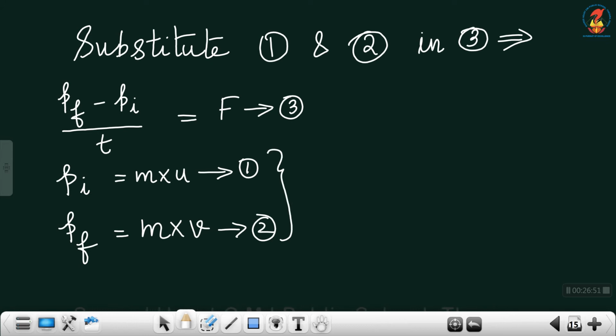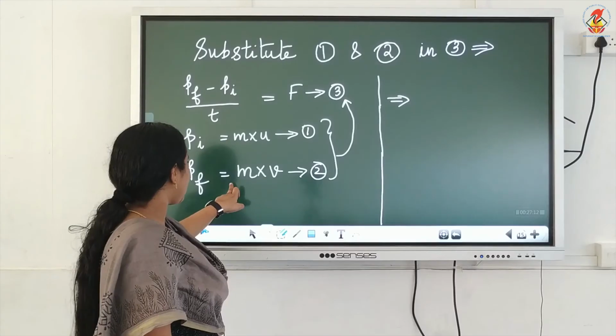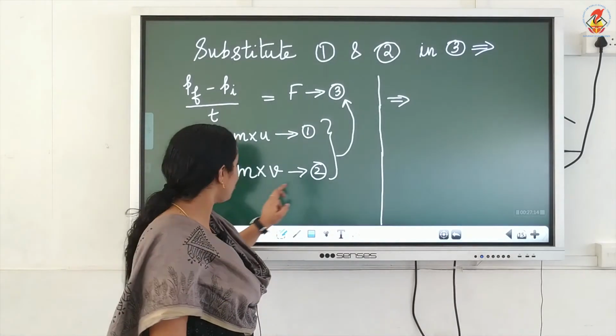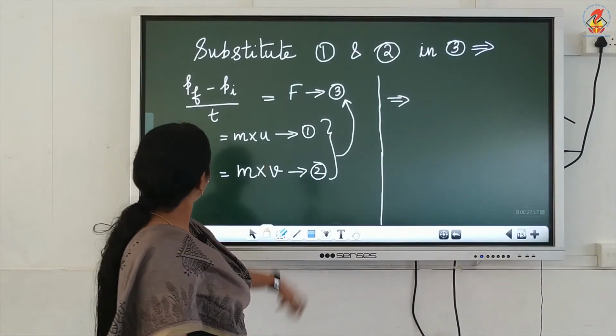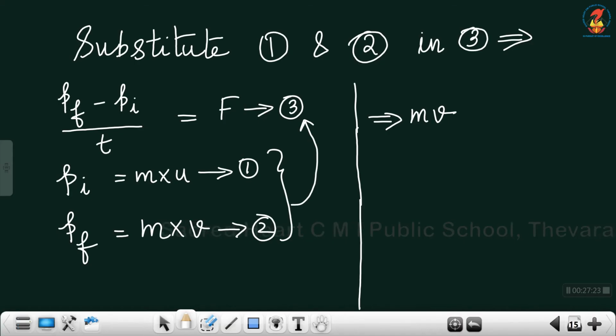Now we are going to substitute equation 1 and 2 into 3. What is Pf? According to equation number 2, Pf is m into v. So instead of Pf, mv, minus Pi. What is the value of Pi?